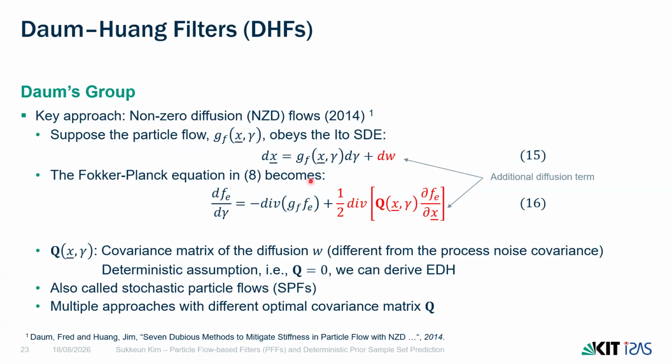So in the Fokker-Planck equation, now we want to consider this diffusion term on the right-hand side. If you remember, we defined dx over d gamma equal to g f, but now we have this diffusion term.